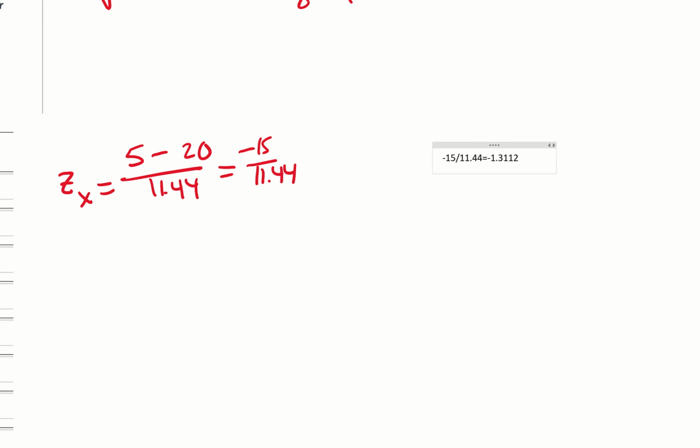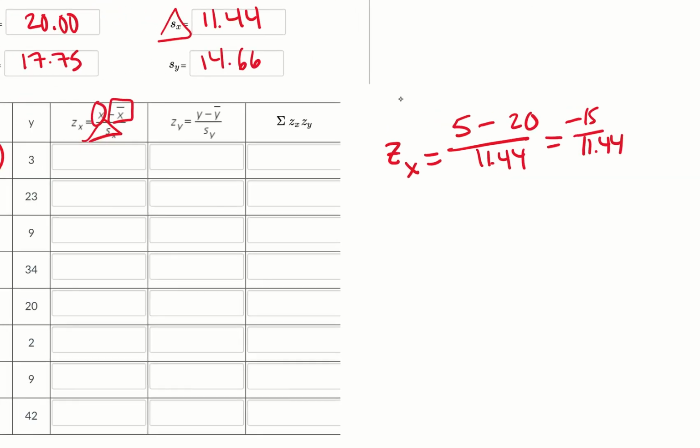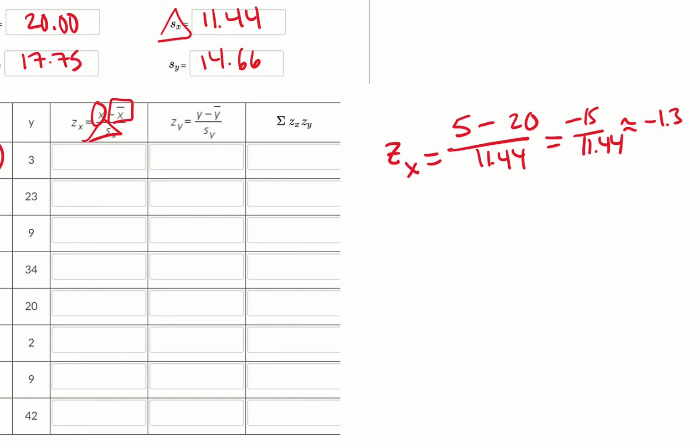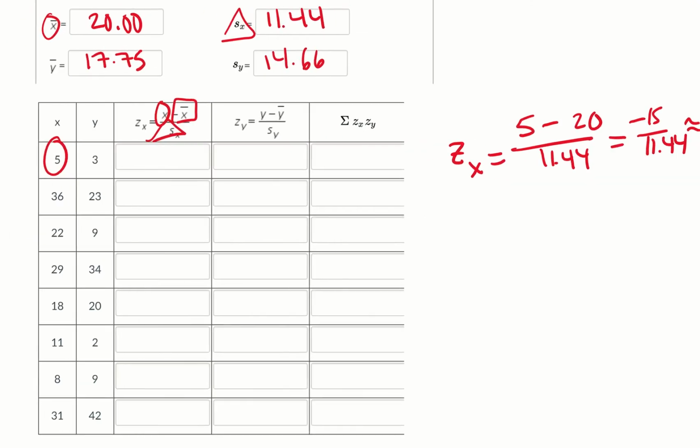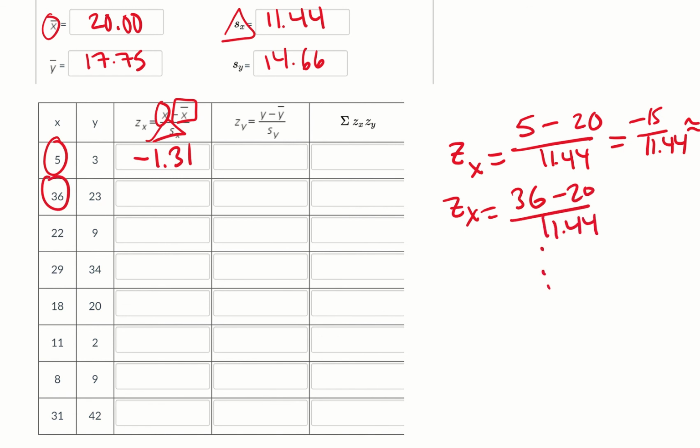Okay, so you get negative 1.31. All right, and then we go ahead and repeat that. So the next one would be 36 this time, minus 20 over 11.44, and so on.